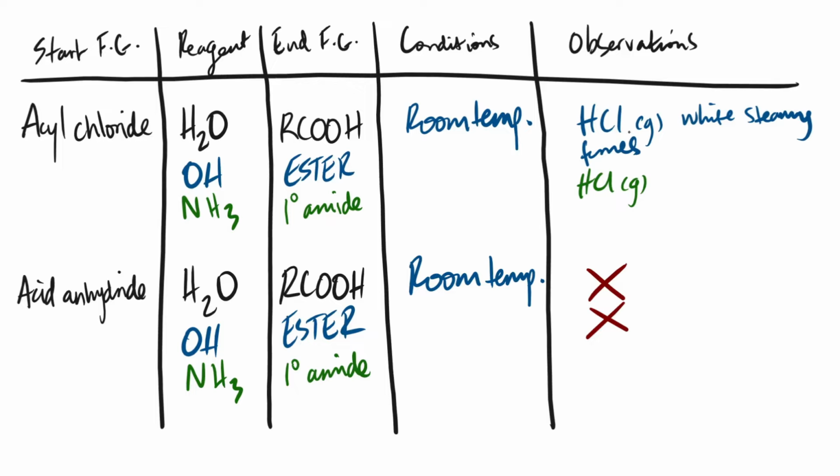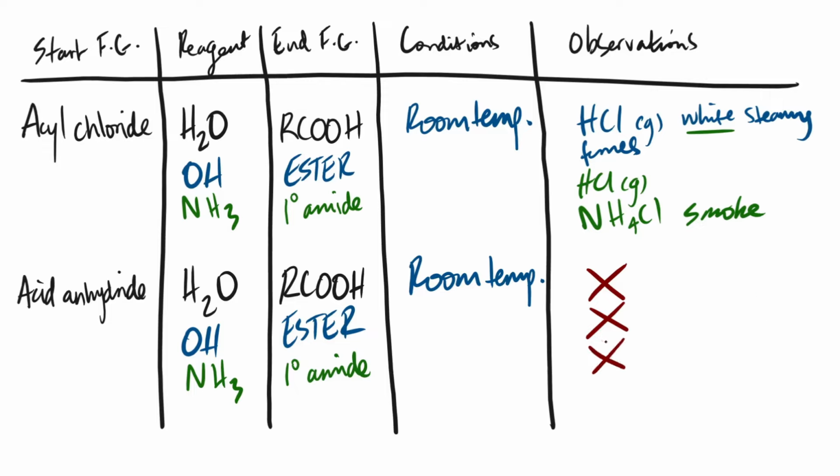So what is our observation going to be here? Is it going to be hydrogen chloride gas again? No, it is not. Okay. It's going to be NH4Cl. And this is good old ammonium chloride. Okay. And this same color, it's not steamy fumes, it's smoke this time, way more smoky. So NH4Cl, ammonium chloride, smoke, and poor old acid anhydride is not having a good time.